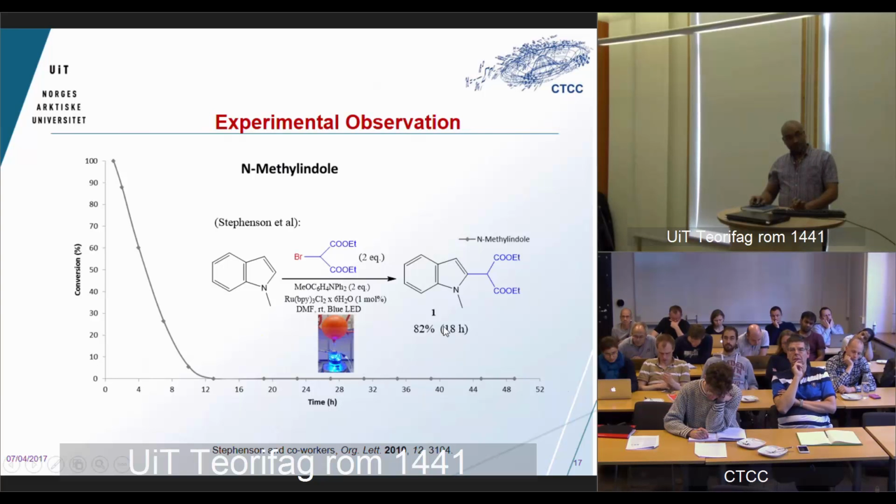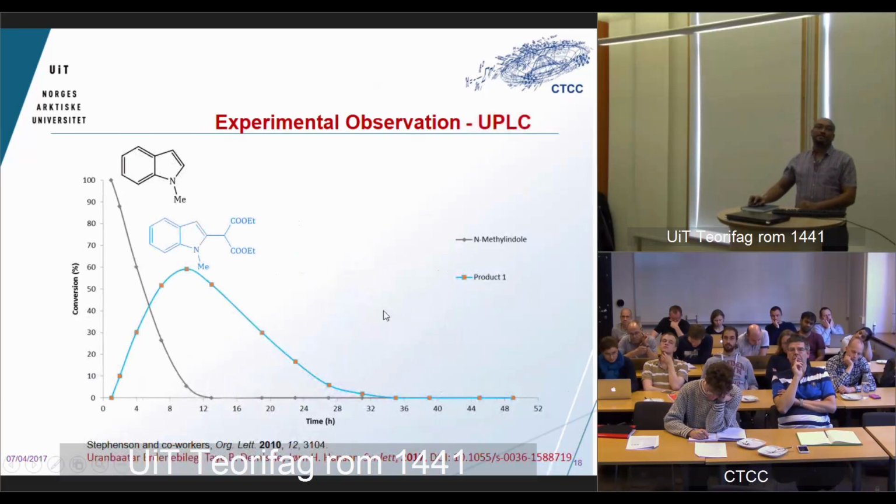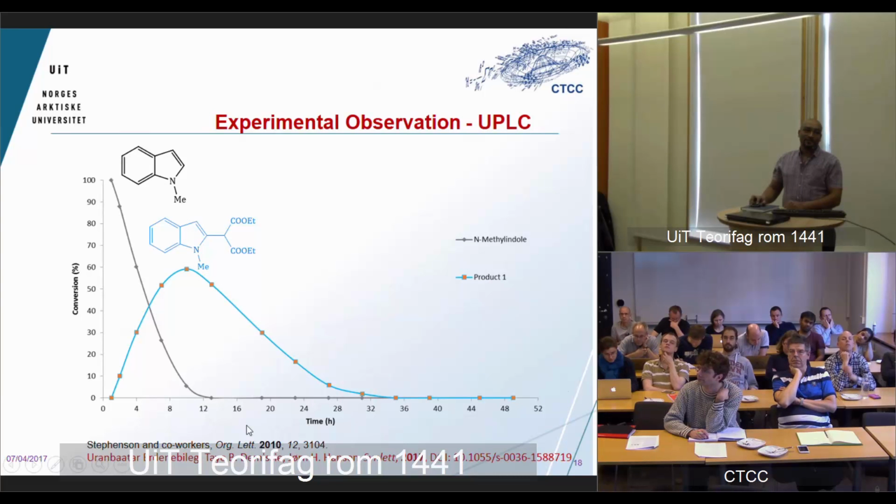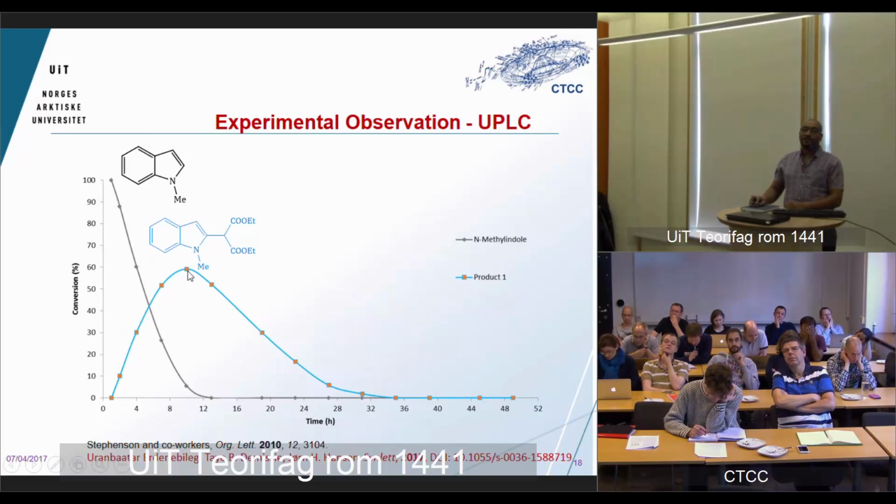So they started with this one, and what they got is this. The concentration of methyl indole is decreasing, and the concentration of this monofunctionalized methyl indole reaches a maximum at about 10 hours. After about 12 hours, the concentration of the monofunctionalized methyl indole will start to decrease.